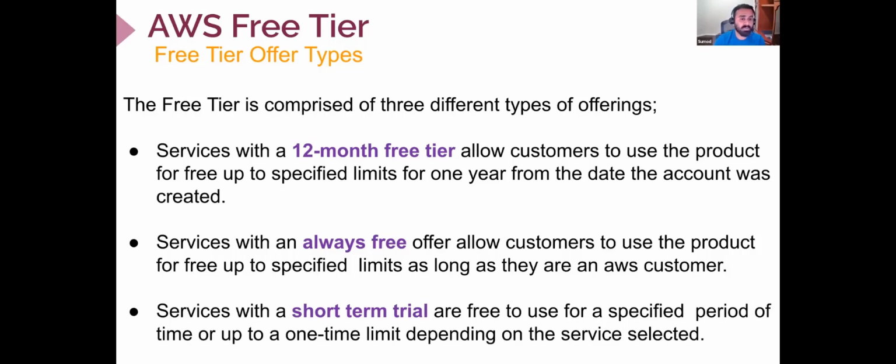So they don't provide that kind of service for free. But in certain situations, when they launch a new service and want customers to try it out, they will give a short-term trial that we can use for a week or a month and so on. That all depends on different scenarios. But what we are going to do today is the 12-month free tier one.